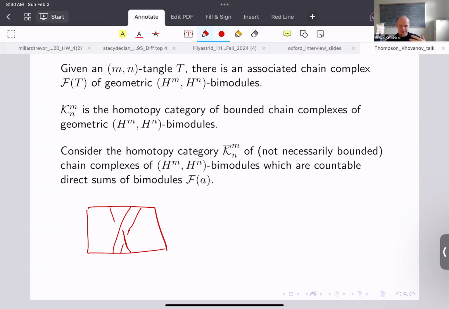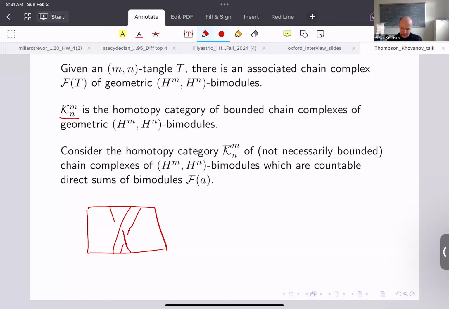And the definition of a geometric bimodule is that a bimodule is geometric if it comes from a direct sum of flat tangles. So if you have any tangle like this, then you get a chain complex of geometric bimodules.